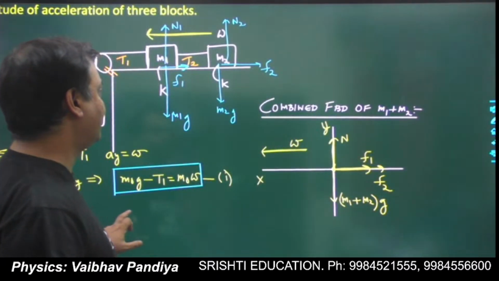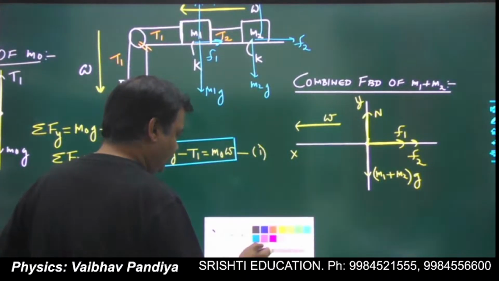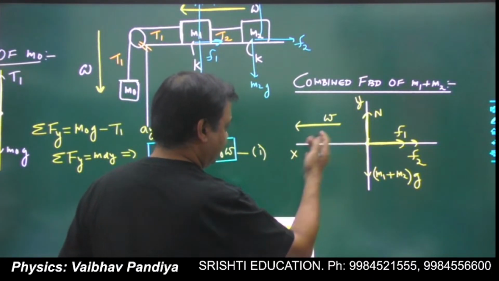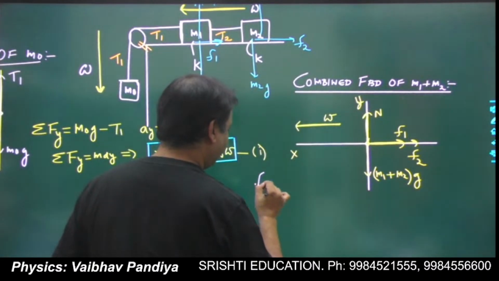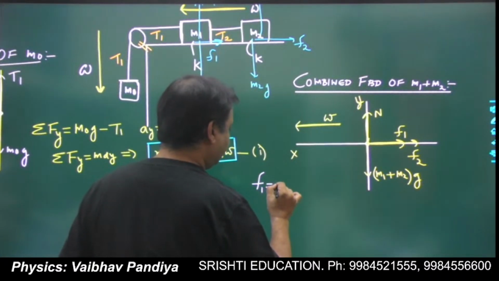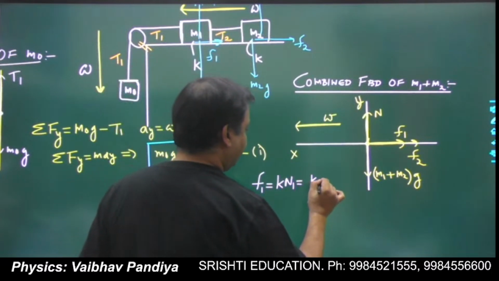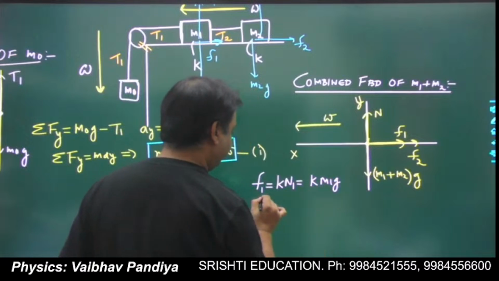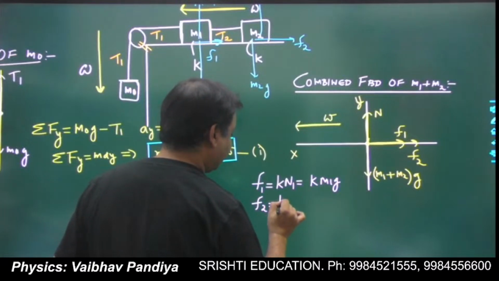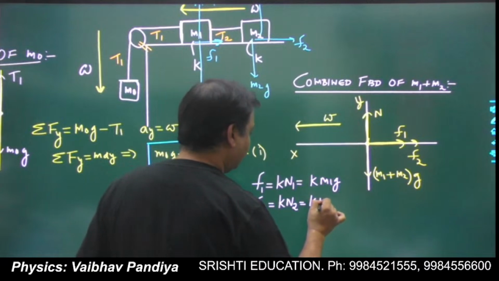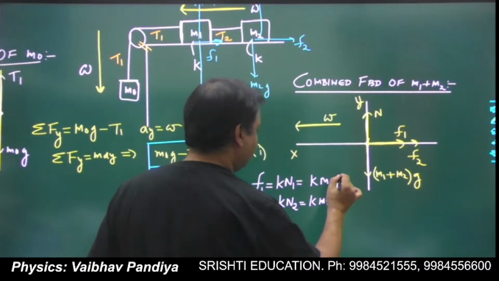Now F1 will be, since we are assuming a kinetic model that the blocks are moving, we'll use the formula for kinetic friction. So F1 will be mu, and in place of mu they have given the value K, into N1, and N1 is equal to M1G. So K M1G, and F2 will be, again it has a coefficient K, N2, so it will be K M2G.